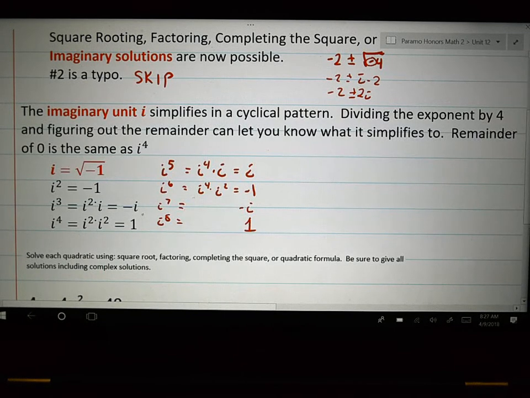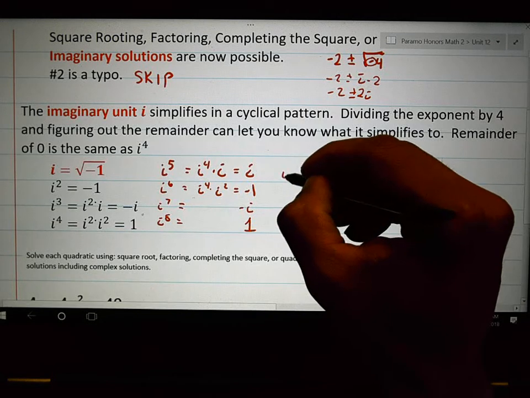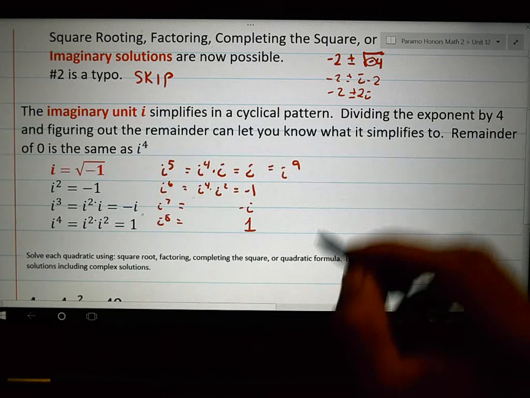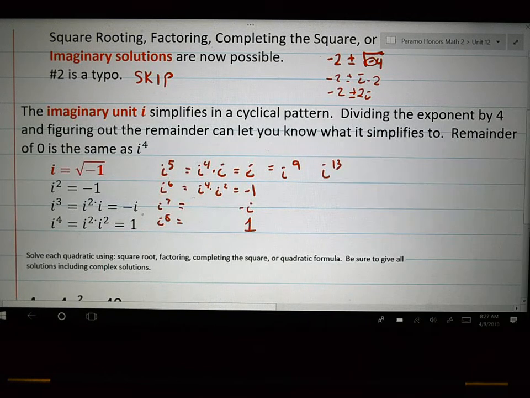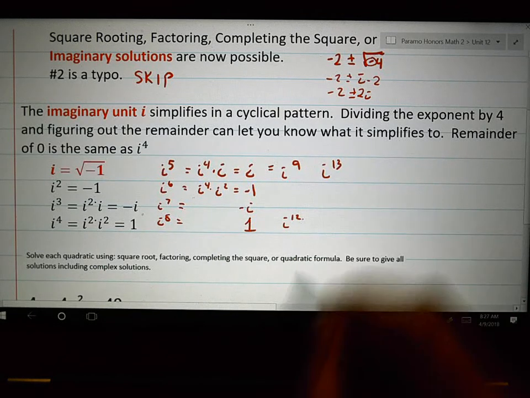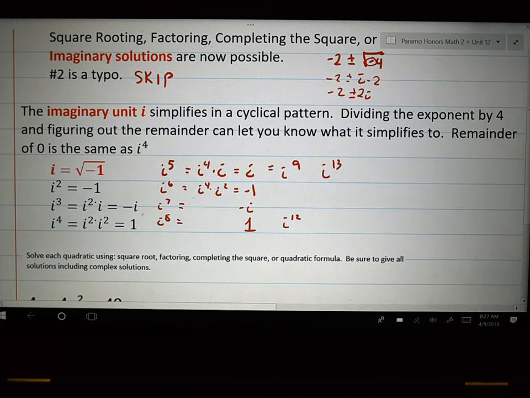i to the ninth is going to be the same as i to the fifth. I can add 4 to that, it's the same as i to the 13th. I can add 4 to this, and I know that that's the same as i to the 12th, which is the same as this row.